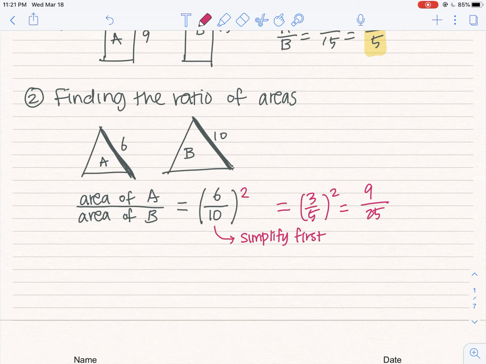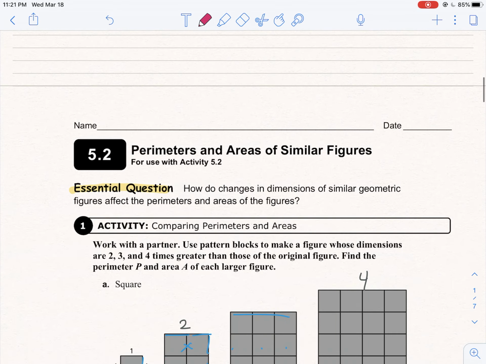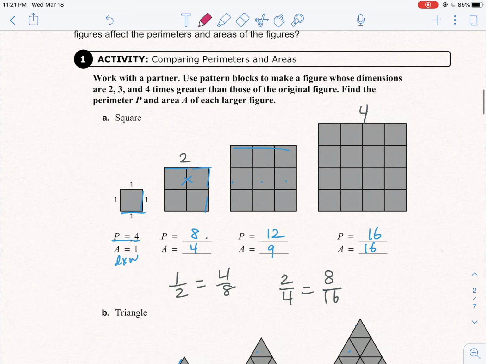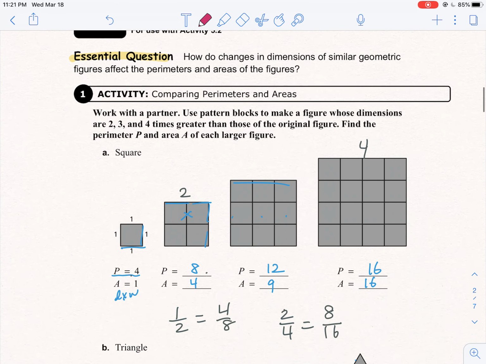Let's see if we can try something in the textbook. Okay, or we can try one of these. So area ratio 4:9. This case.